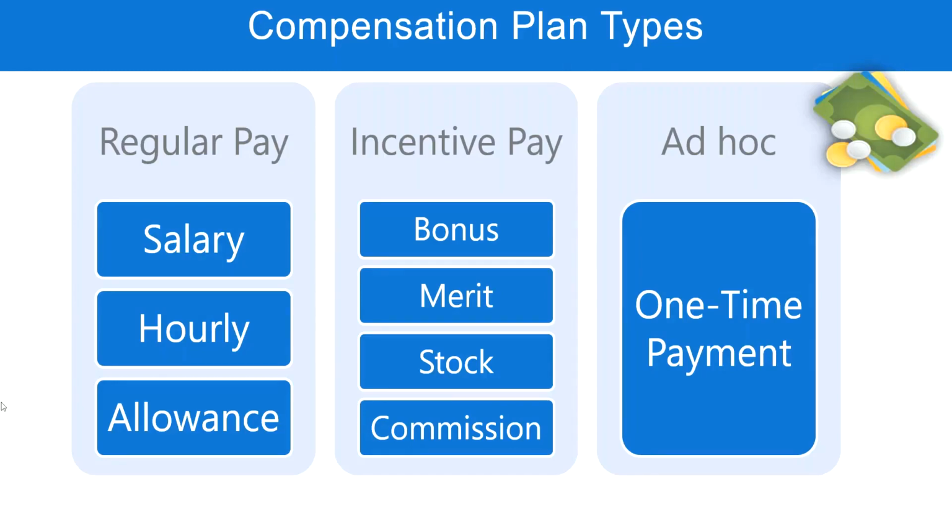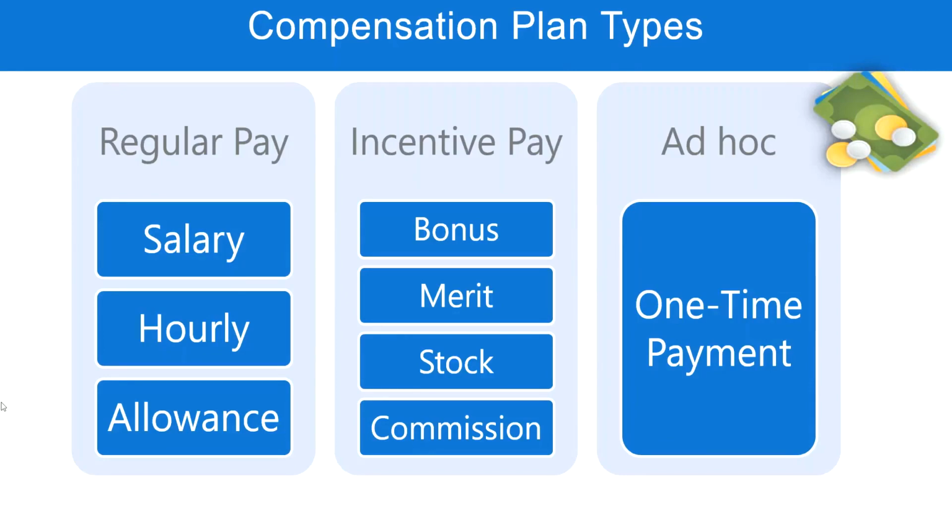Commissions. Who are typically given commissions? Which team? The sales team, right? The sales team, or sometimes even the marketing team. Typically, they get a lot of commissions. And why are they given commissions? So that they are incentivized.